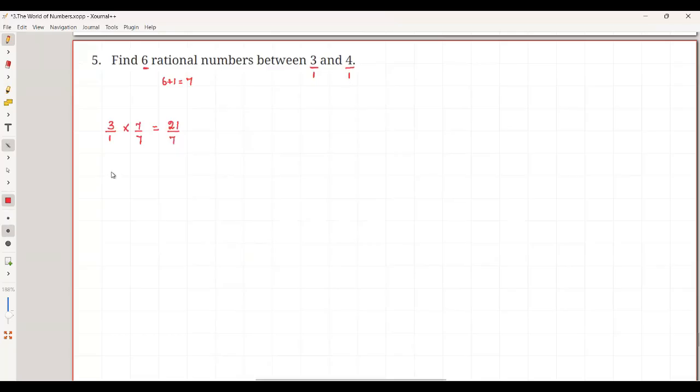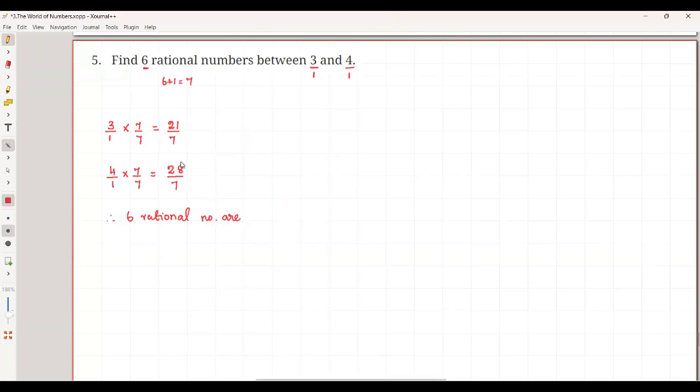The same way, 4 by 1, I multiply with 7 by 7, which is 4 sevens are 28 divided by 7. They are asking for 6 rational numbers, so we should not include 21 by 7 and 28 by 7.